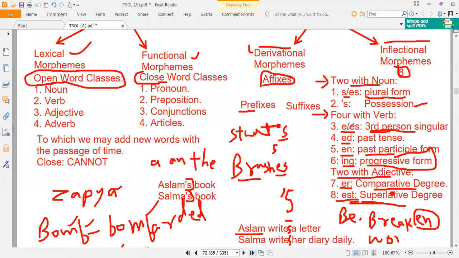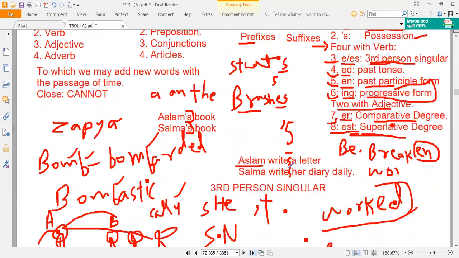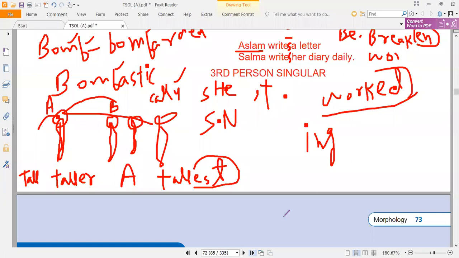The first one is s or es for indicating the third person singular, ed for indicating the past tense, en for indicating the past participle form, ing for indicating the progressive form. These are the four forms of verbs. Coming to the last two, which are added to adjectives, er is added to adjective for indicating the comparative degree, while est is added to adjective for indicating the superlative degree of adjective. Got it?